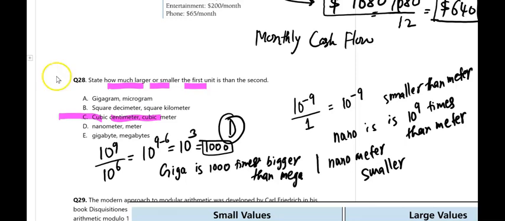Because remember that giga is bigger, but how many times? 10 to the power 3 times, which is 1000 times bigger than mega. The other way around, you can say that mega is 1000 times smaller than giga. You can say that too. So that's question number 8.